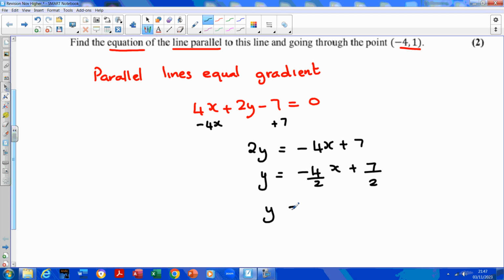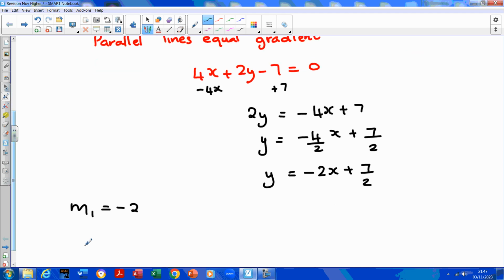So y is equal to minus 4 divided by 2 is minus 2x plus 7 over 2. So we can say that gradient m1 is equal to negative 2. So therefore, m2, the gradient we're looking for, is also equal to negative 2.